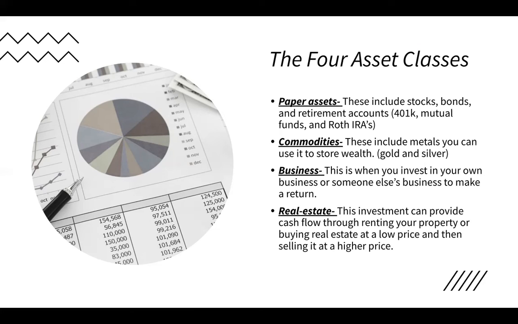Now, that's not guaranteed. Some years you might make less, some years you might make more, but over the long haul, over a span of many years, it will average out to 12%.